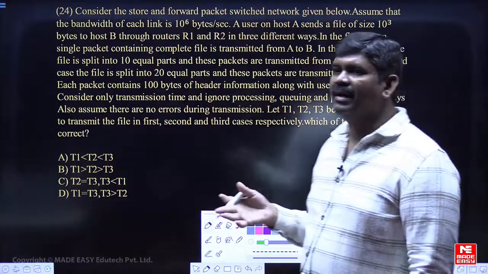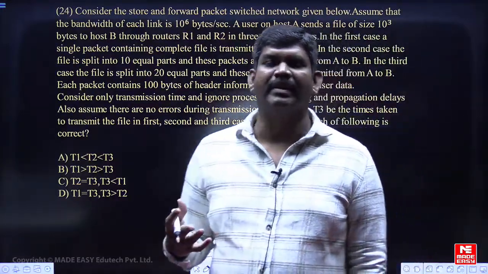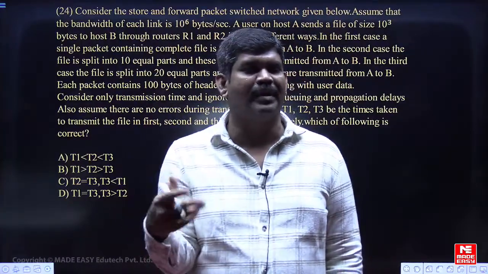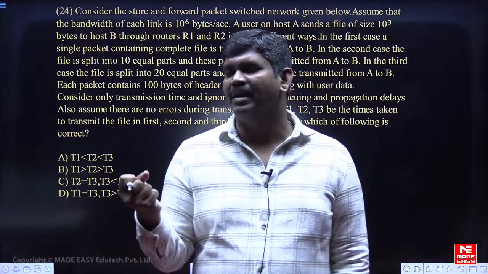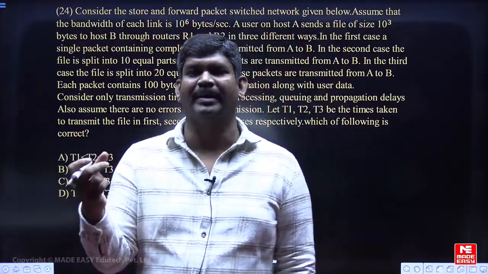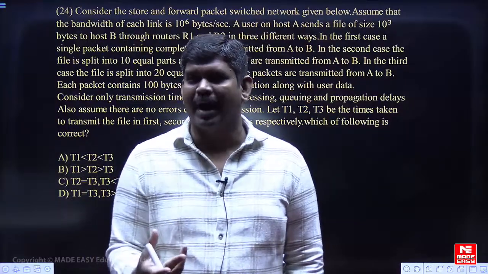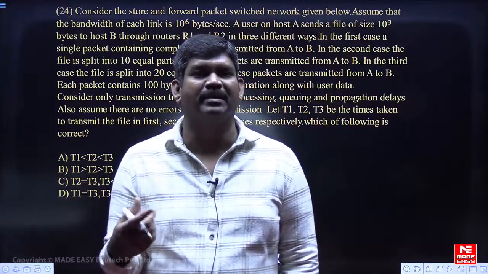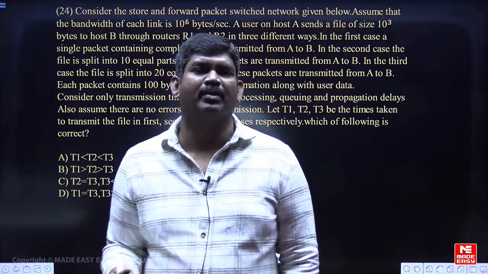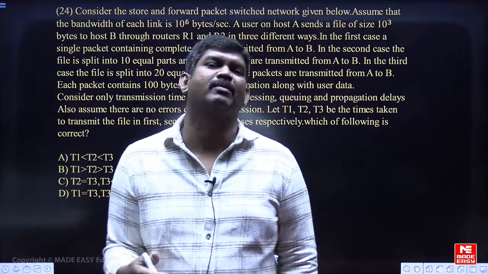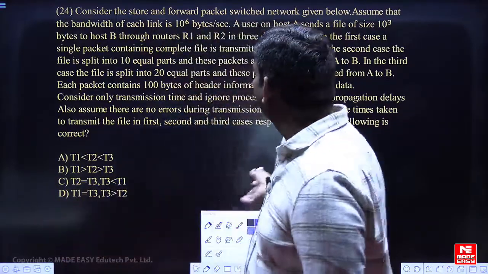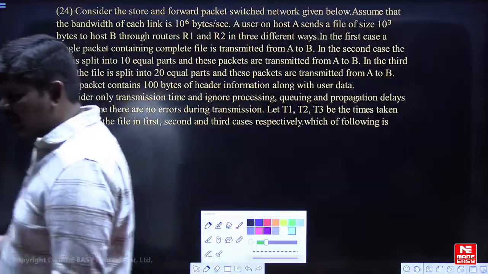The basic idea is to convey how a complete message can be divided into parts and transmitted, and what happens in terms of time, because ultimately the efficiency or utilization depends on whichever occupies less time, that is better. So they want to test that value using this particular problem.